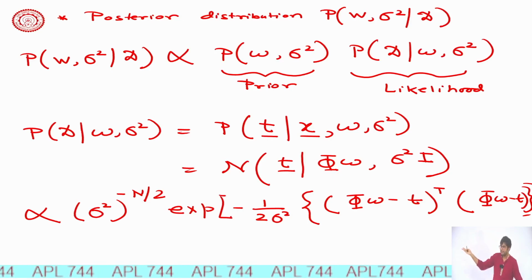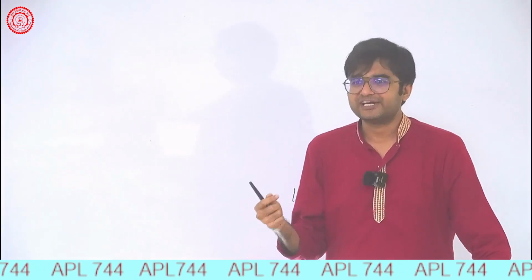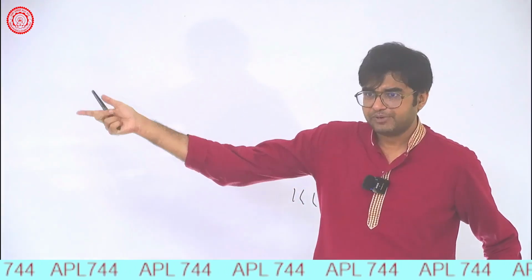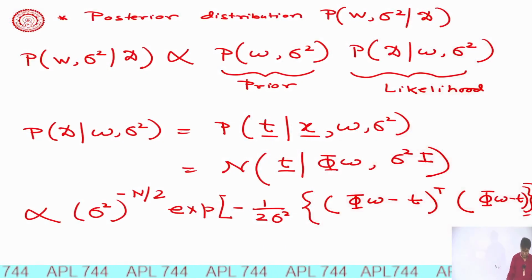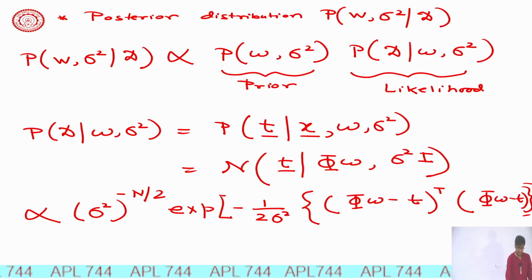I'm only writing the determinant of sigma part, and that gives sigma square to the power minus n by 2. N here is the number of training data I have, so that's why the minus n by 2 comes into the picture. So this is nothing new. This is what we have already done.